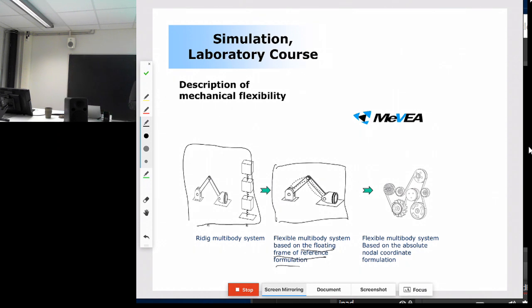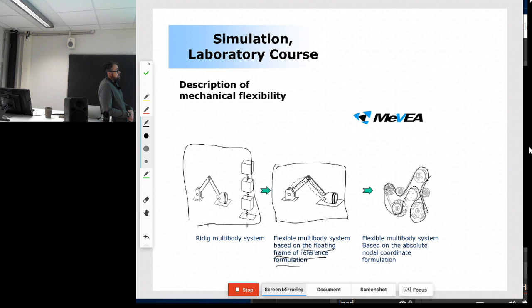It cannot be used, at least not in a straightforward manner, for applications where the deformation is large. An example is the belt that is shown here. When you look at the deformation of the belt, it is very large, and this is something you cannot describe using a floating frame reference formulation.